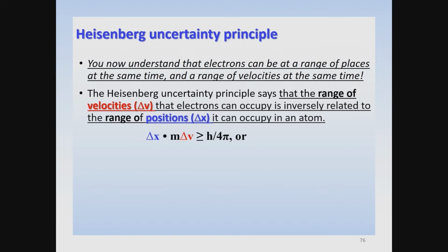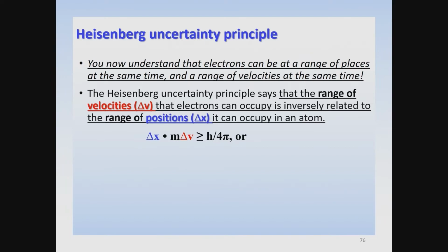So let's look at this equation a little bit more carefully. You can see that delta x times mass times delta v must be equal to or greater than a constant, which is some arbitrary number. Now, what I'm hoping you can see is that if you look on the left side of the equation, imagine that you were to, for some reason, increase the value of delta x, meaning you were to increase the range in which you could find electrons in atoms.